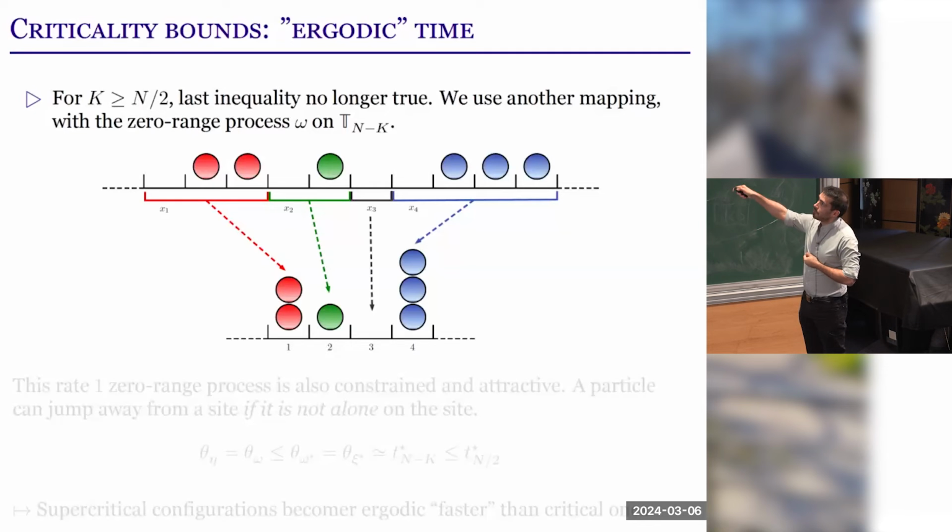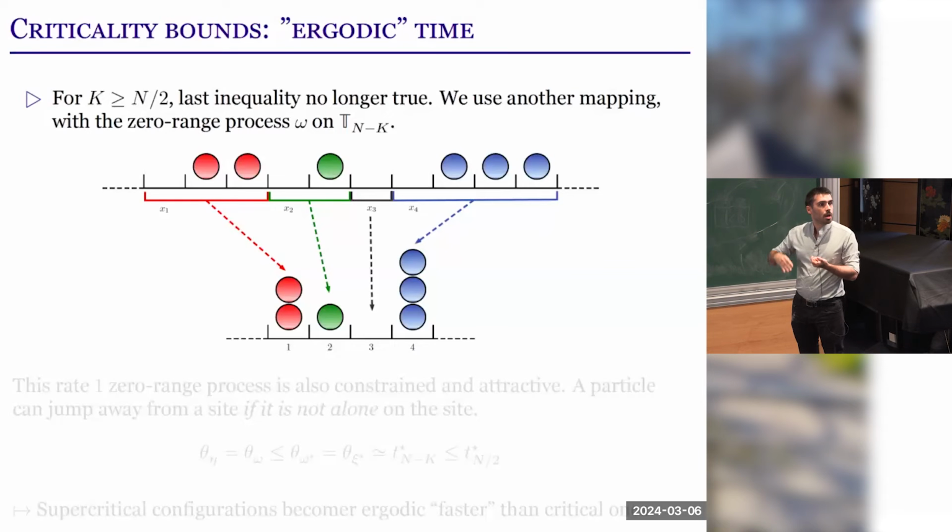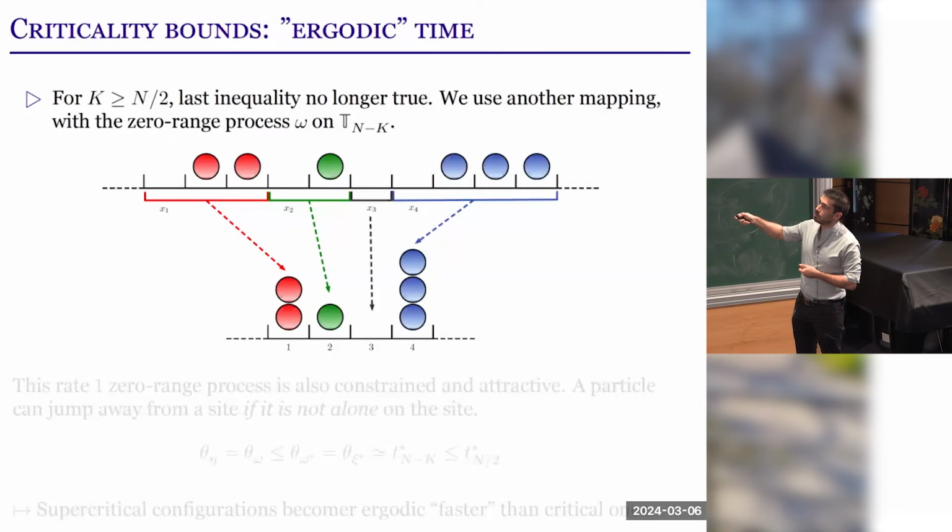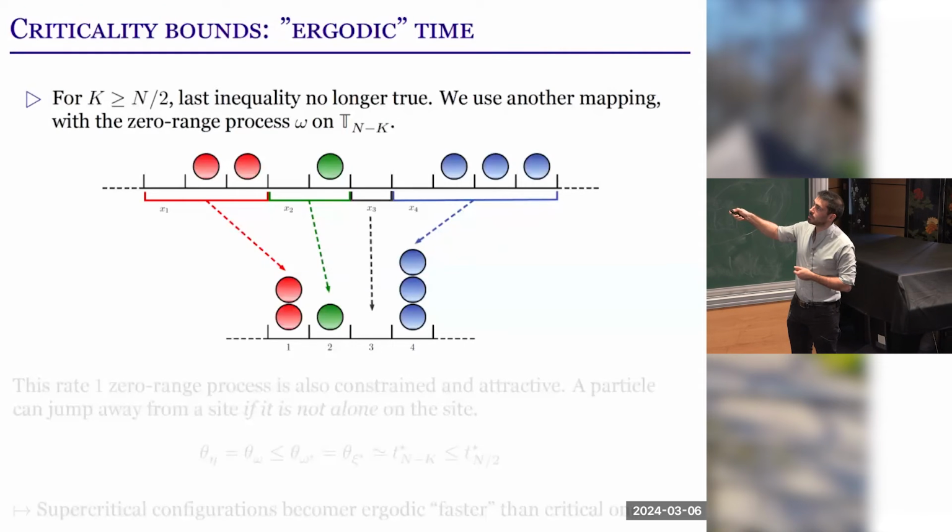So here you still have a FEP configuration. And to go to the mapped configuration, instead of piling down traps, you're going to pile up particles. So now your sites in the mapped process are going to be determined by the empty sites in your configuration. And you're going to pile up the same number of particles following the empty site. Okay, so this is a very classical mapping.